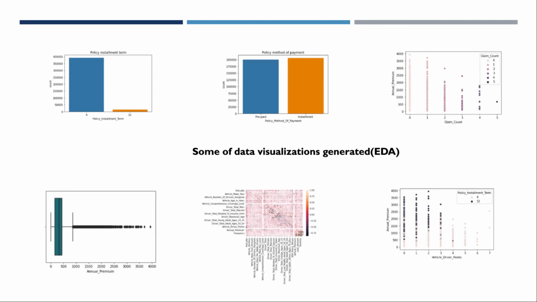The third one is a scatter plot between annual premium and the claim count. The fourth one is a box plot to find out the outliers for annual premium. The fifth one is a heat map for correlation, which gives the correlation between every attribute and the other attributes in the training dataset. And the sixth one shows a scatter plot between annual premium and vehicle data driver points. So moving on to the next slide.